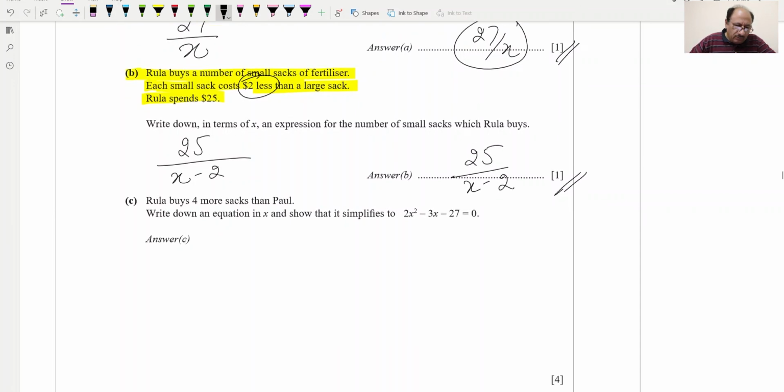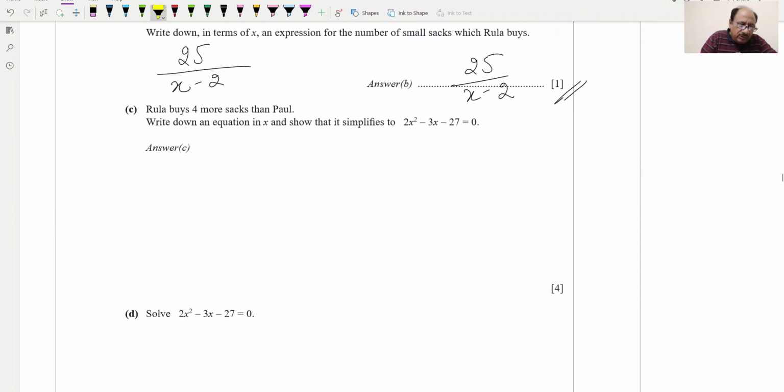Now they are saying Rolla buys 4 more sacks than Paul. Write down an equation in x and show that it simplifies to this one. So the difference of these two transactions is equal to 4. If we subtract this 4, this will become equal to 27 over x.